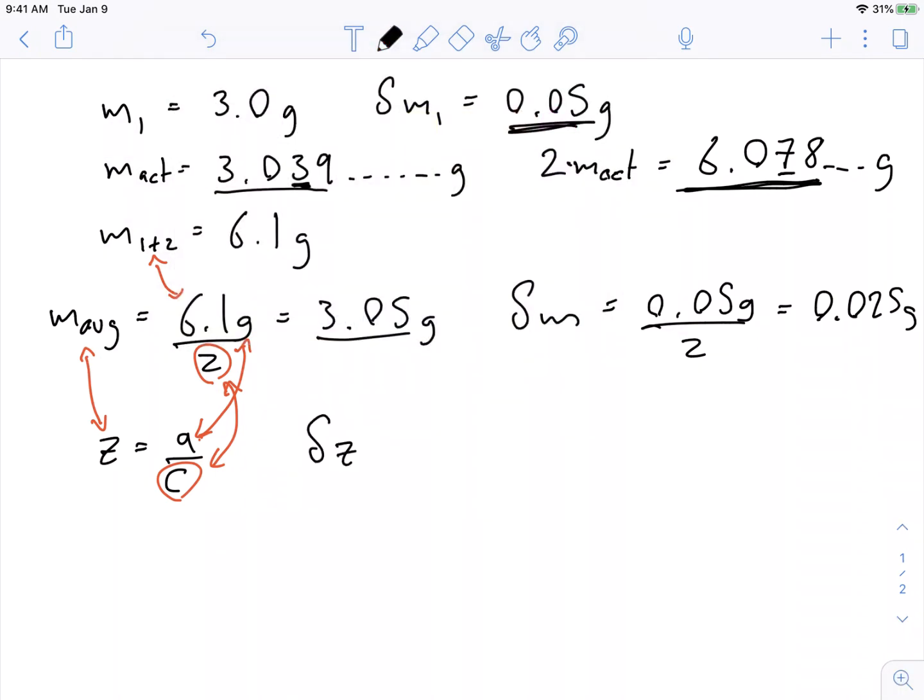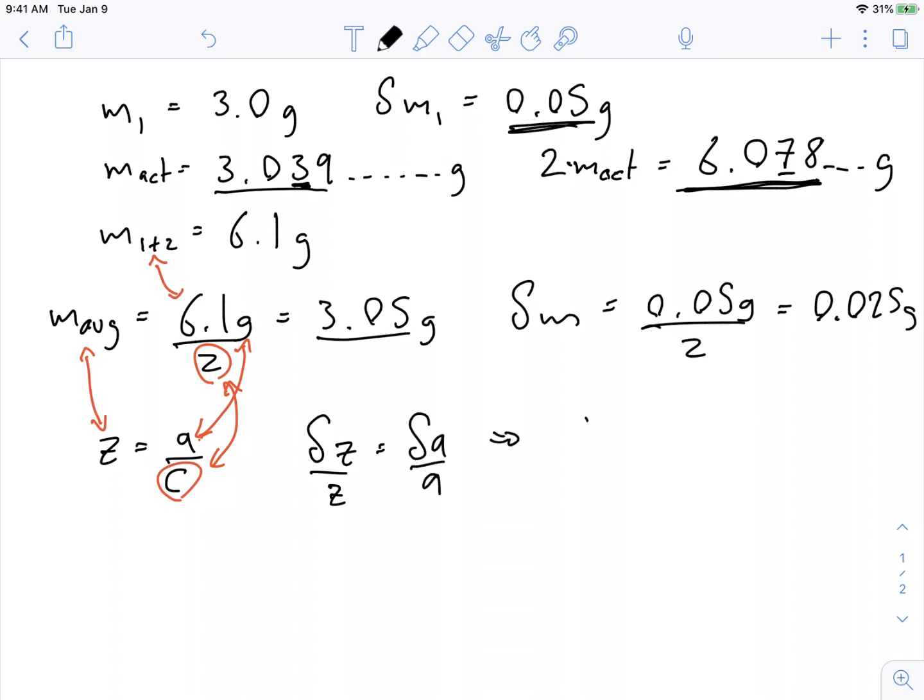My uncertainty in Z, one of the consequences, if you're just dividing a function or multiplying a function by a number, is that the relative uncertainties of these two things are the same.